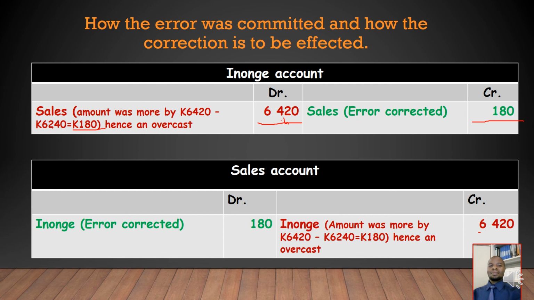In the sales account, the same thing was done. 6,420 was entered instead of 6,240. An overcast of $180. Therefore, to take away $180 from this side, we make an opposite entry on the debit side, thus correcting the error.